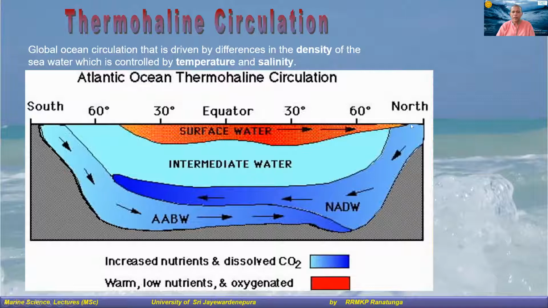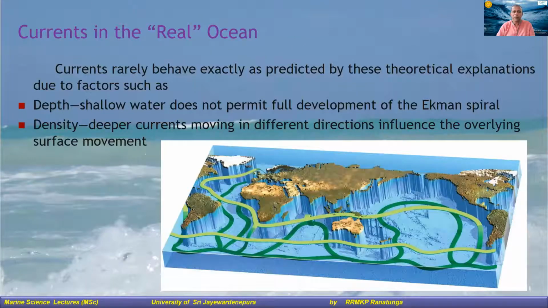But when they approach the polar region, they sink, and they come back from the bottom to other areas too. So there are a lot of different types of mixing. This thermohaline circulation, or vertical movement, is very important.